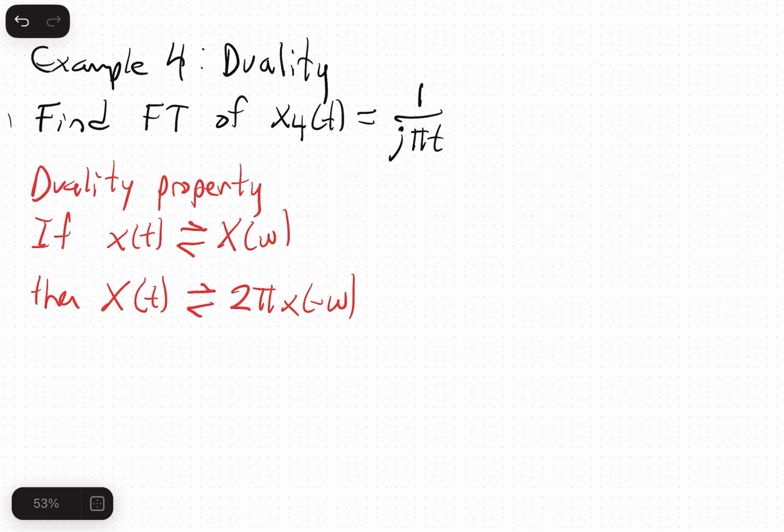Let's say we have a time signal whose shape is very similar to the right side of the pair, so the shape of x of t actually looks like X of omega. What this property is saying is if our time signal looks like this side, then we can actually pair it so that it looks like the left side, but in terms of negative omega, and multiplied by a 2 pi.